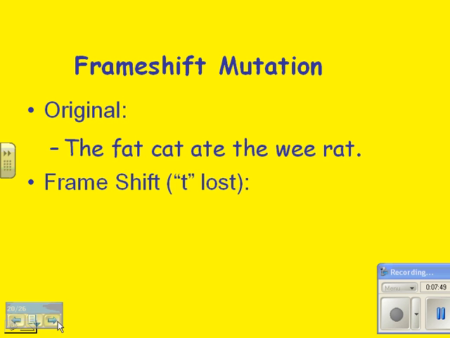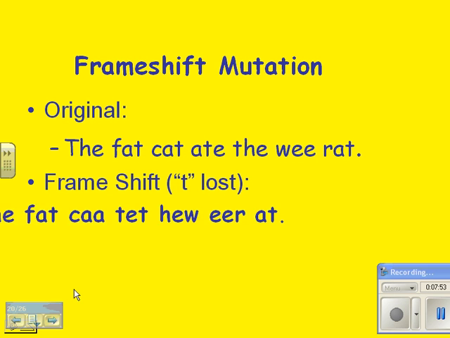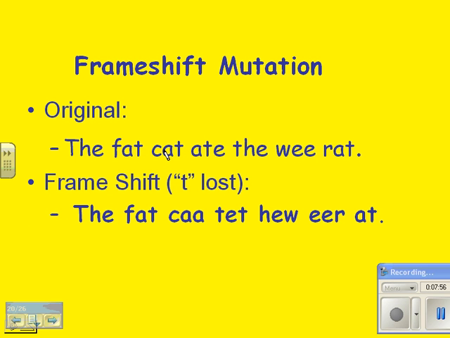A frameshift mutation would be losing a T, and so I think this is the T we lose. So the first 2 words are the same, but the next word is not if you're deleting this. So it would be CAA for the reading frame, because remember you need 3 nucleotides to code for an amino acid. And so what this does is mess up the whole reading frame.